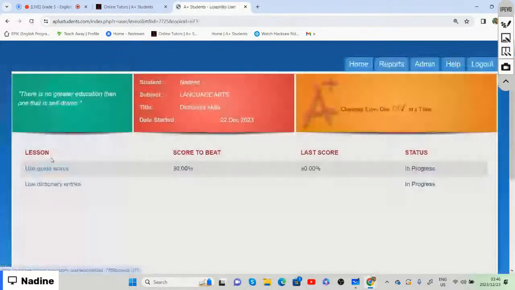All right, so that is basically our lesson on dictionary skills, and we see that we have guide words when looking up a specific word in a dictionary, and the words are in alphabetical order. They give us guide words which tell you the first word as well as the last word on the page. Once you look up a word, we call that the entry word. They'll tell you the pronunciation of the word.